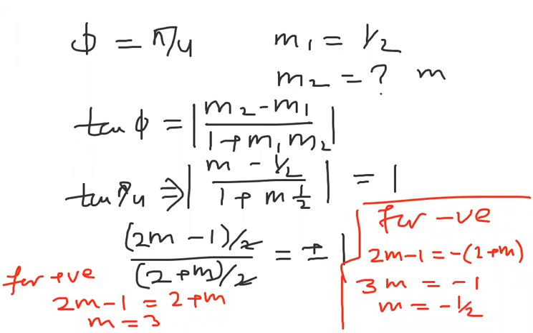So the slope of the other line will be either 3 or minus 1 by 3. For the line making angle pi by 4 with the line of slope 1 by 2, two such lines are possible and they will have slopes 3 and minus 1 by 3.